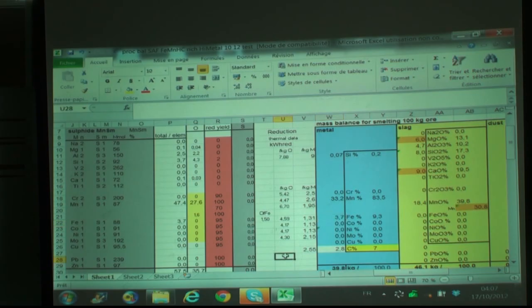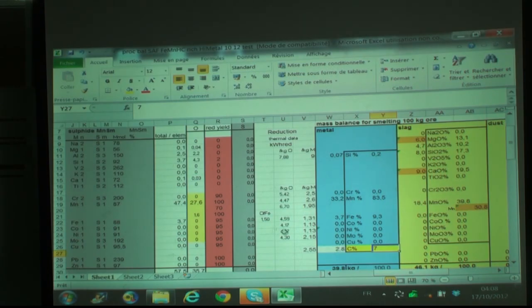And now there is something special. There is a value I will impose. This is an assumption. I want to have 7% carbon in the ferromanganese, because this is a standard. In high carbon ferromanganese, you must have about 7% carbon. So this is a yellow cell because it is imposed.